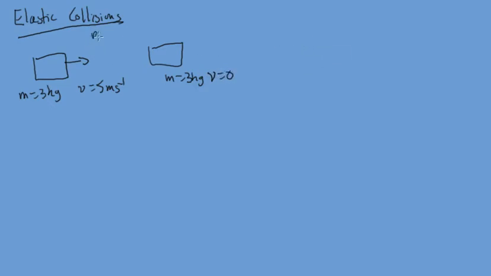So this is the before and this is the after. This is still mass 3 kilograms, and this is velocity 0. So what's happened is this has collided, and this has stopped moving, and this has started to move. This is still mass 3 kilograms, and we want to know what this velocity is.